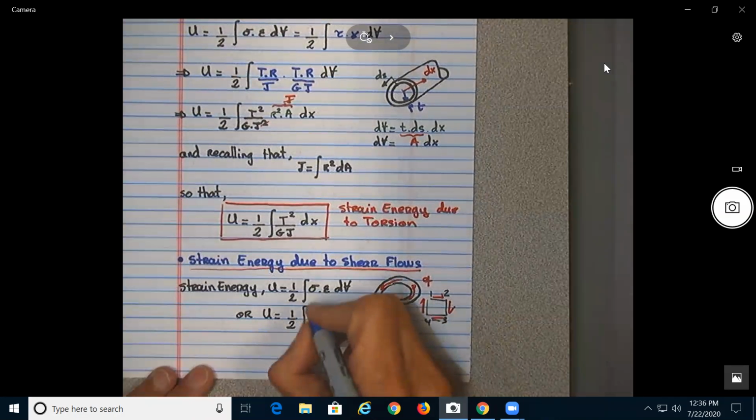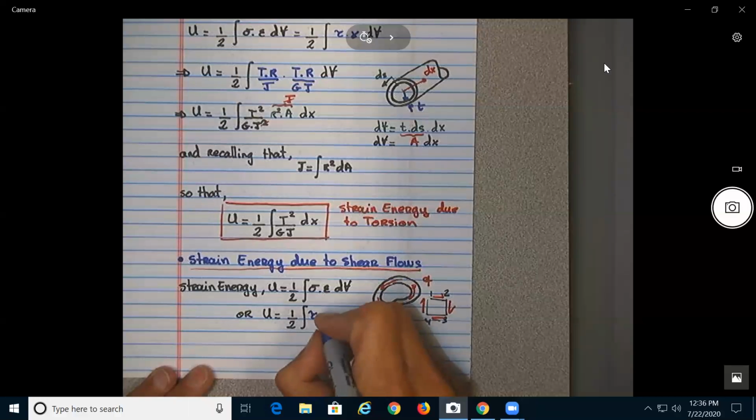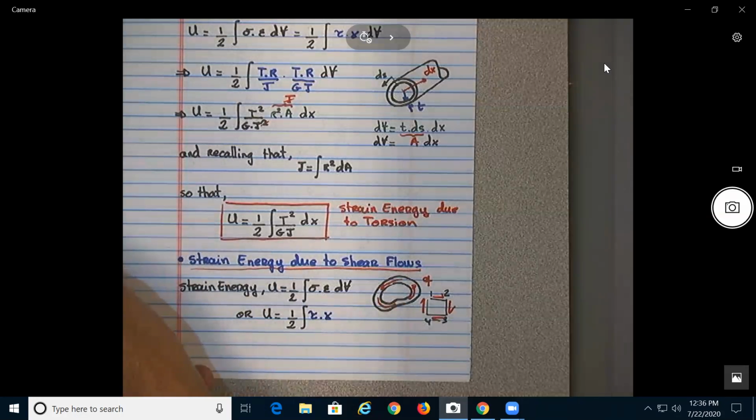For shear, you need to replace the sigma by the tau, the strain by the gamma, and you can leave the dV.